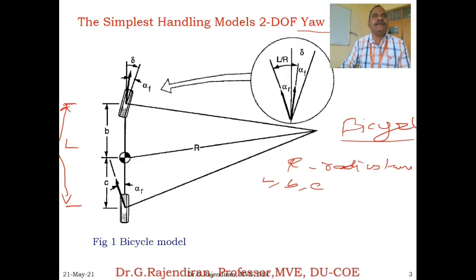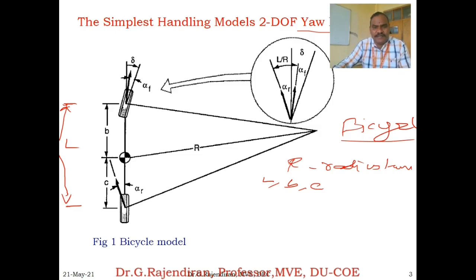Now when the vehicle is taking a turn, we have to give one input. What is the input? We have to give the steer angle. Clear? So at high speed, the steer angle of two wheels, we are giving the steering input to one wheel only.